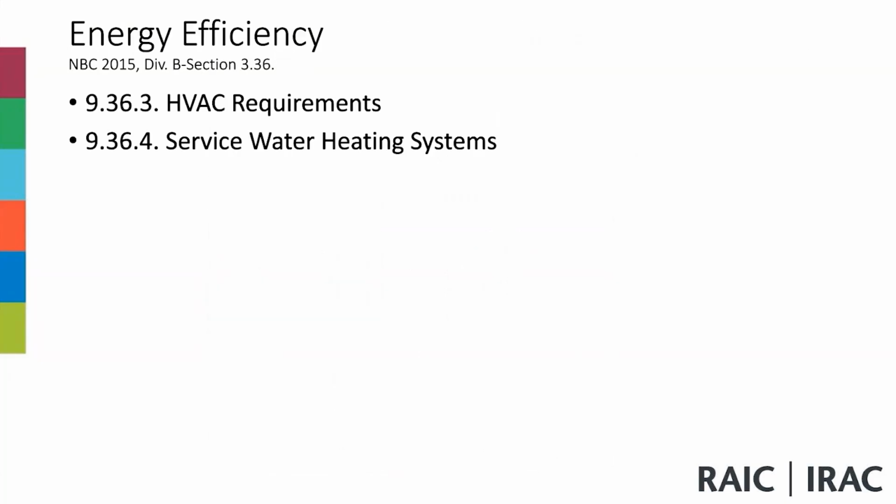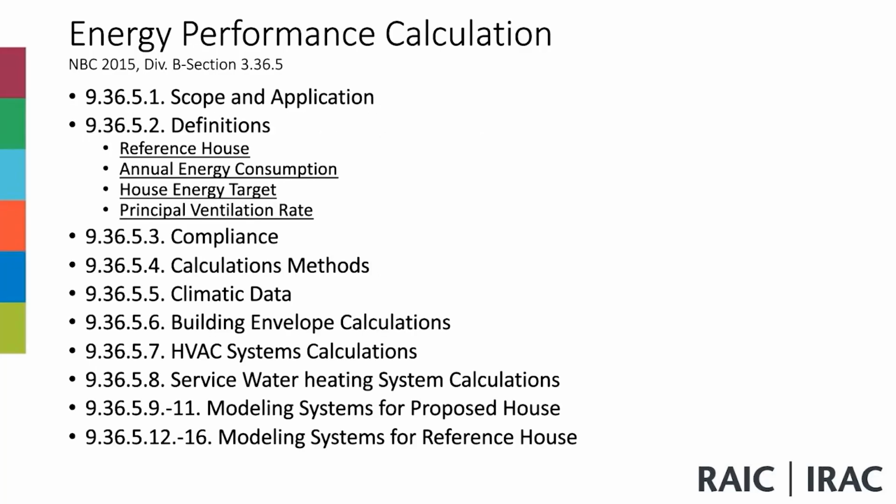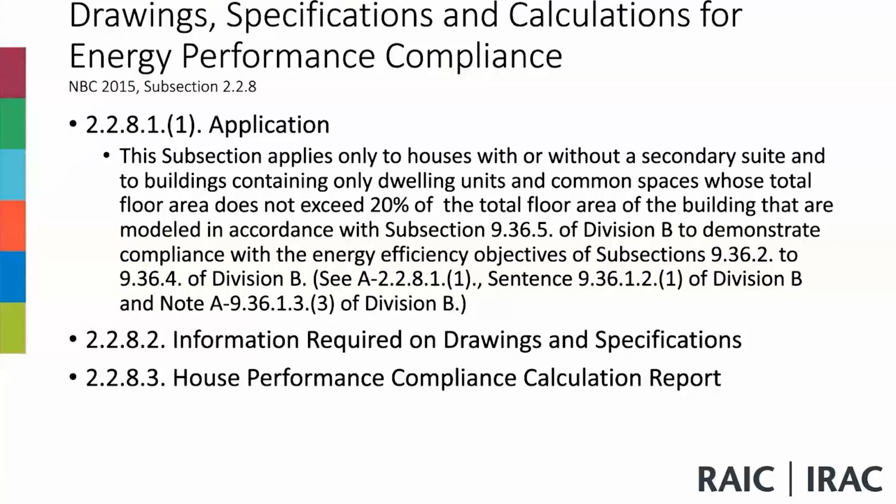Energy efficiency 9.36.3 and 9.36.4 relates to the equipment. And the energy performance calculations, if these are calculations related to houses, using modeling. And in terms of specifications, drawing and calculation for energy performance compliance, subsection 2.2.8 applications.